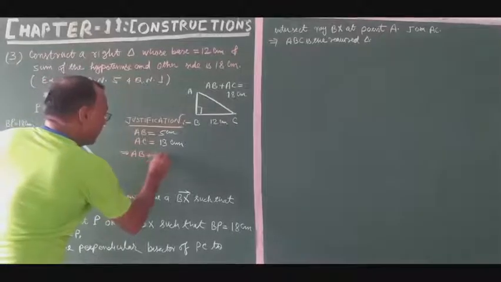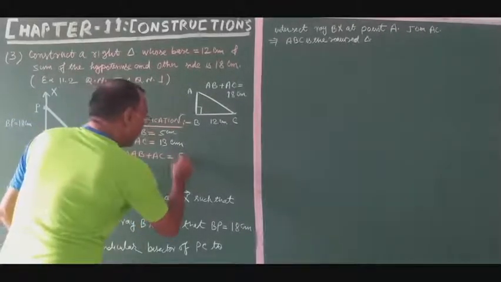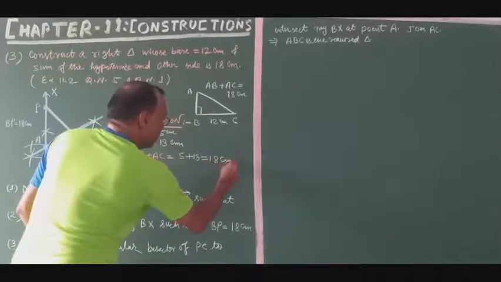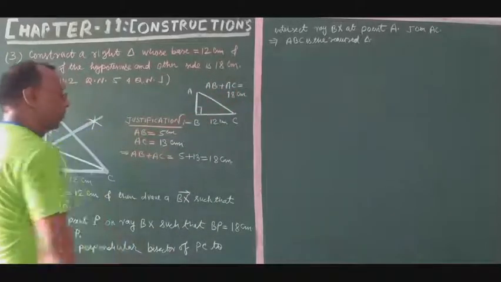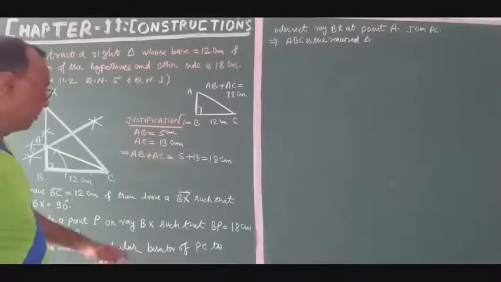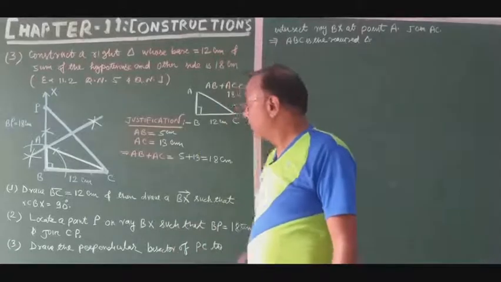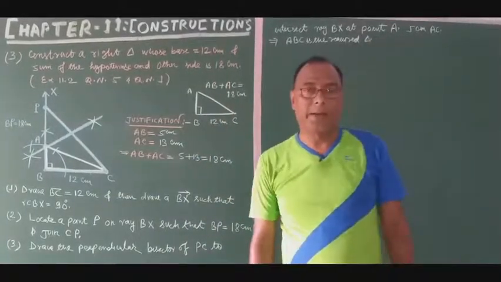AB plus AC, this is how much? 5 plus 13, that is 18 centimeter, and this we have to justify. So AB plus AC is 18 centimeter. So in this way our construction is justified.